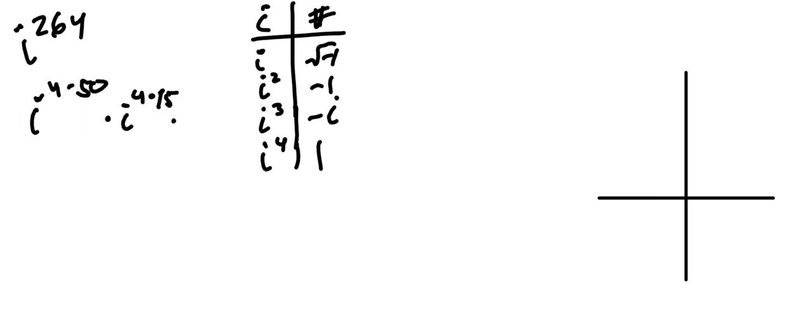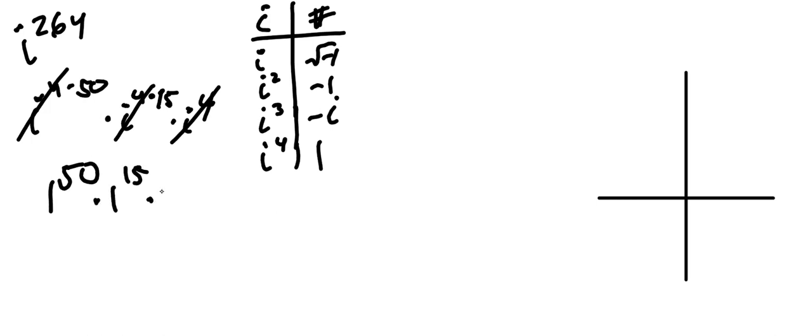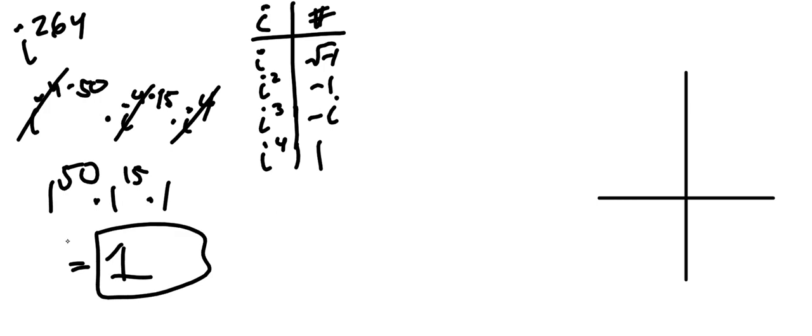And then we have those 4, i to the fourth, left over. Essentially, when we multiply these i's, everything's going to add. So 200 plus 60 plus 4 is equal to i to the 264. But since all of these are here, that means we have 1 to the 50th times 1 to the 15th times 1, which is equal to 1. So that's the answer there.